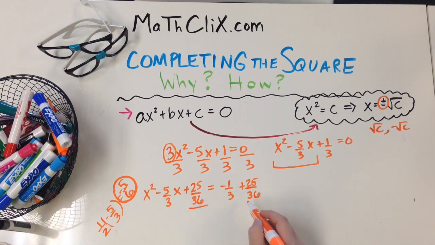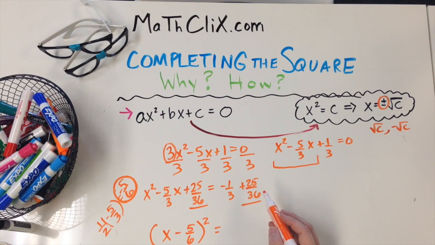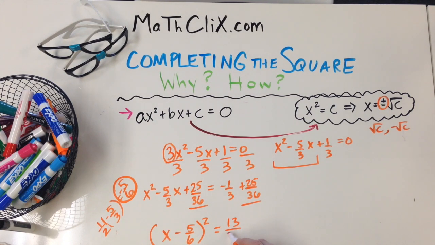Okay, so you add that to both sides. And then we know that the left side factors into x, and then you put your magic number there. And -1/3 plus 25 over 36 comes out to 13 over 36.